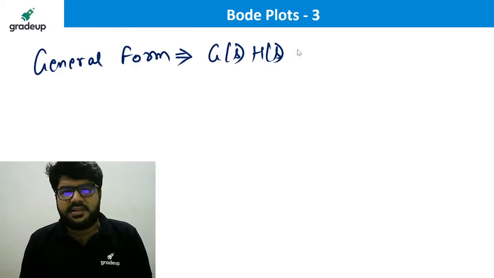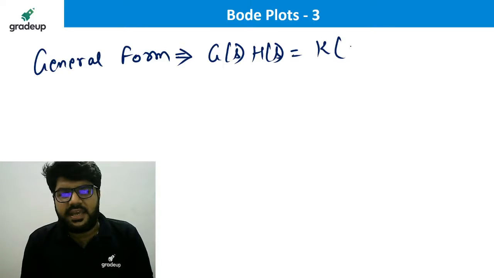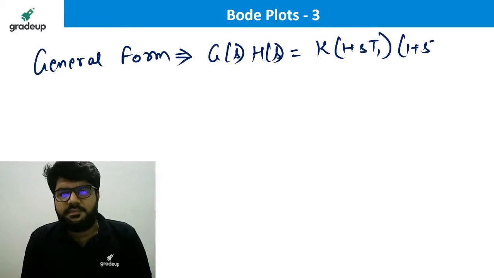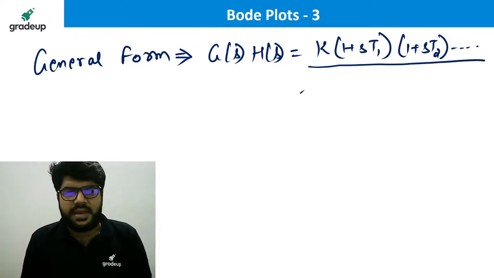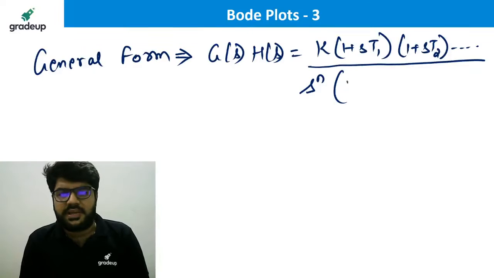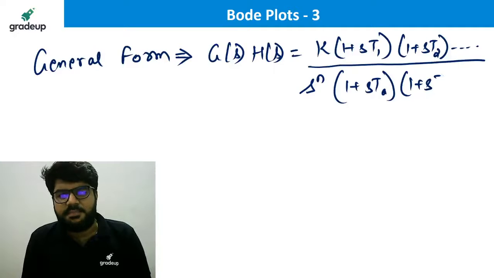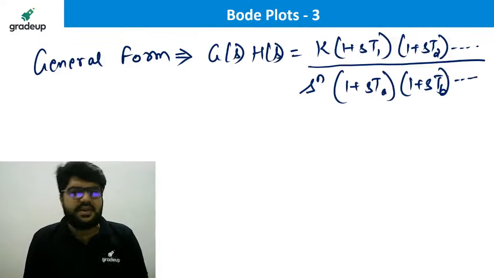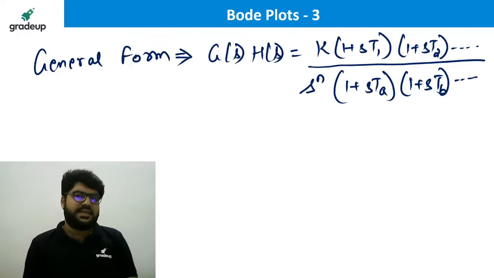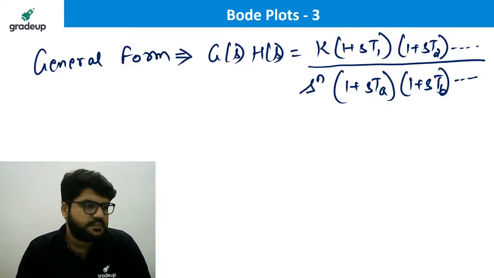It is given by the form K, some constant K, into zeros terms (1 plus sT1), (1 plus sT2), etc., divided by s raised to the power n, poles at origin, and some simple poles (1 plus sTa), (1 plus sTb), etc. Correct?